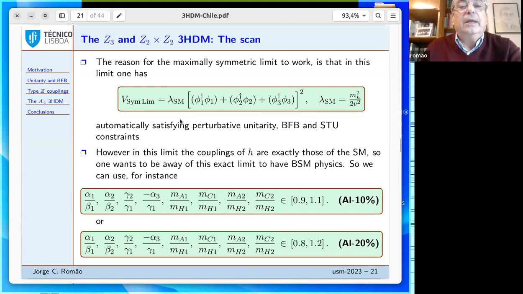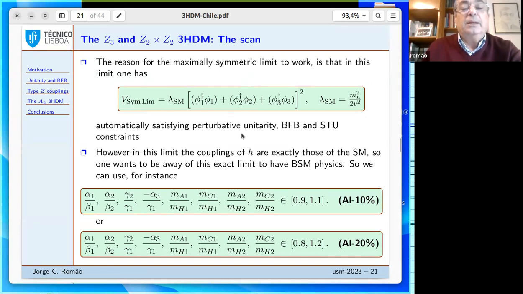And then automatically you satisfy perturbative unitarity, you satisfy boundedness from below, you satisfy STU, and so on. Then, because this is mostly like the standard model, you are probably also satisfying the LHC constraints on the mu's and many other constraints. And in this limit, essentially all the points are good.